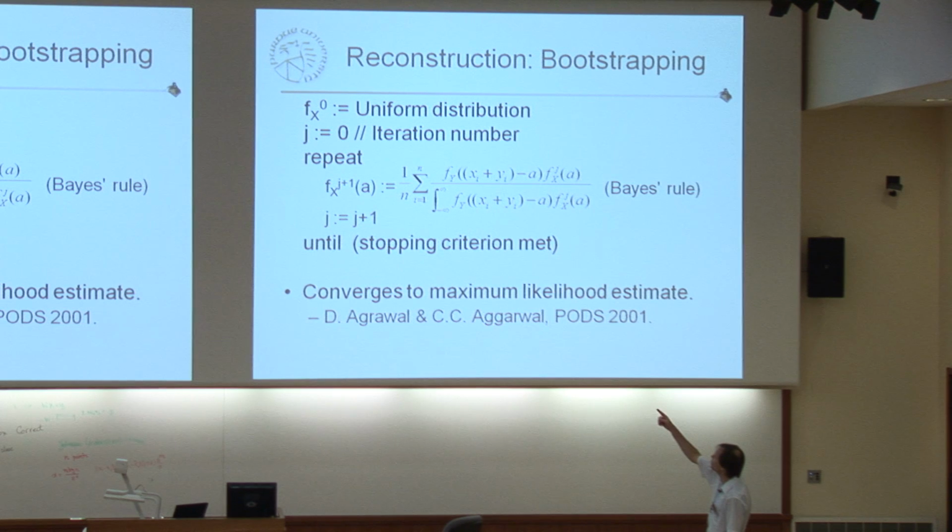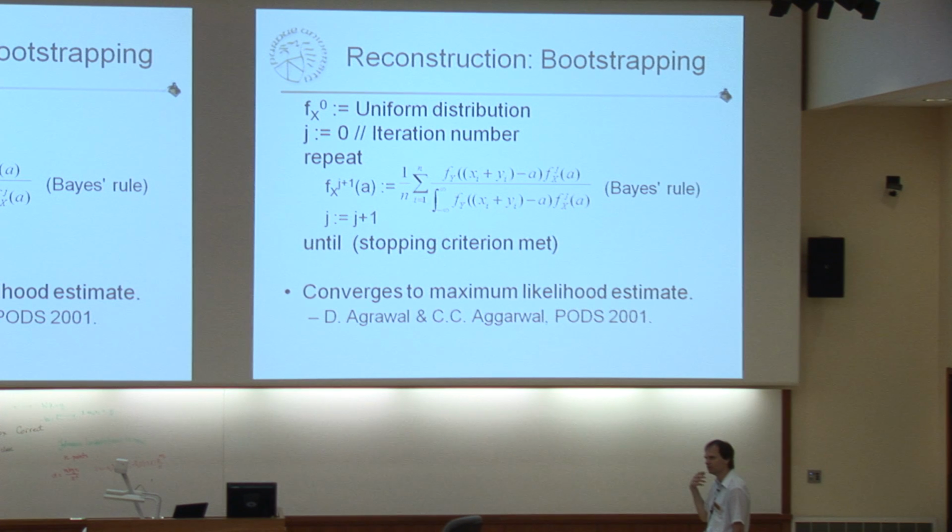We start with an assumption that x is a uniform distribution, and then we estimate, given a uniform distribution, how well that distribution matches the data we actually have.